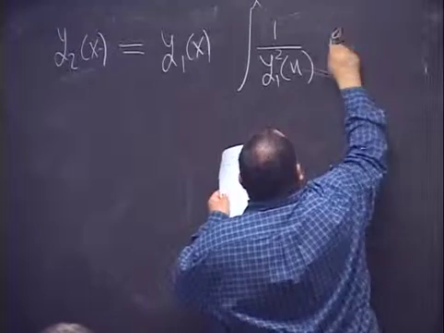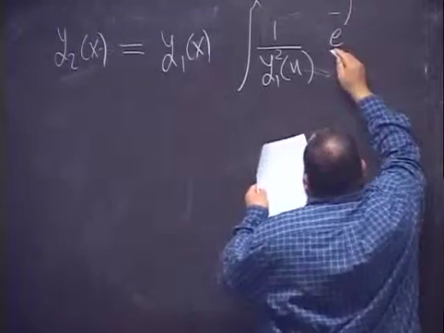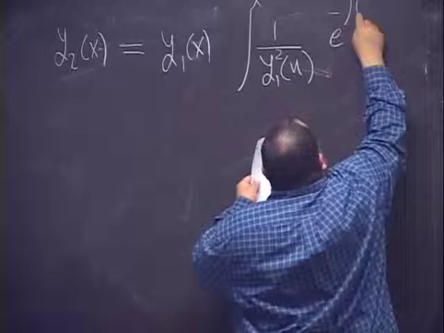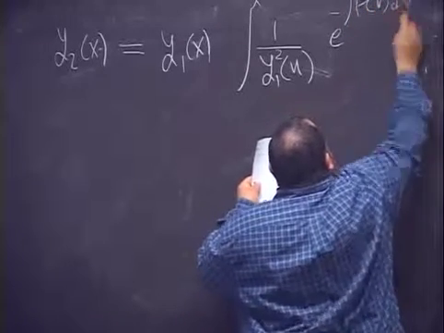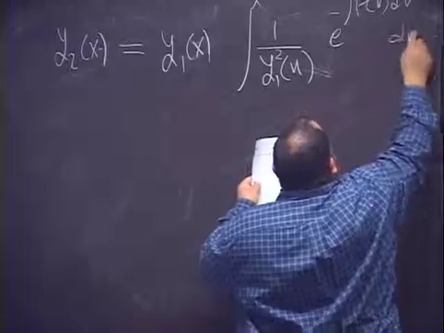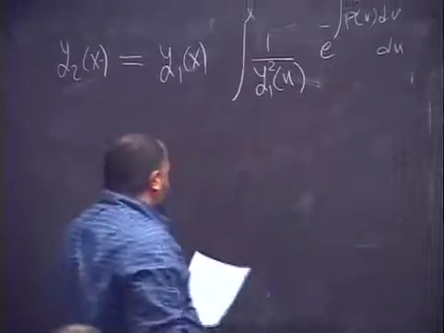The Wronskian now is e to the power of minus the integration of p of v dv, and this integrated over du.